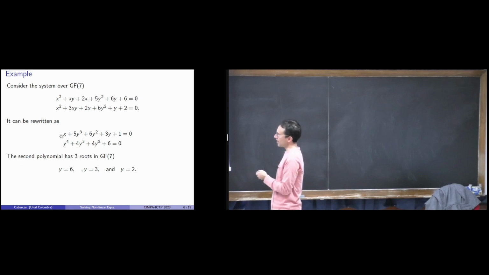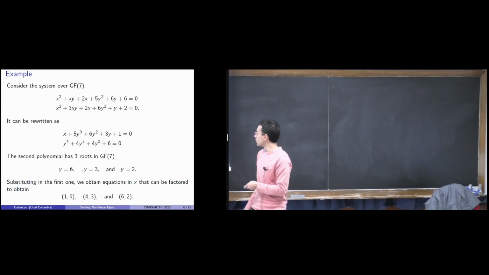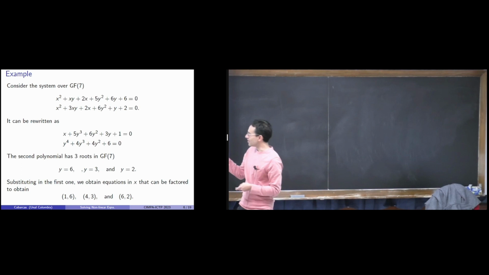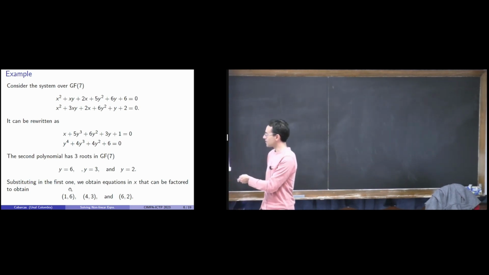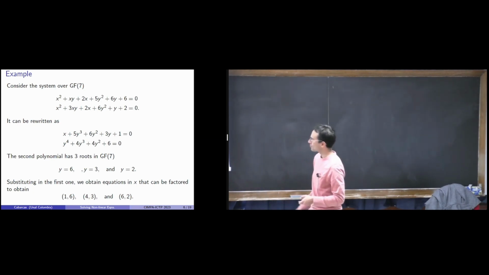And then we can solve for x. And we do that with each one of those. And we get the x component that corresponds to that y component. So when you plug in y equals 6 here, you can solve for x and get a 1. And so on, for each one of those.